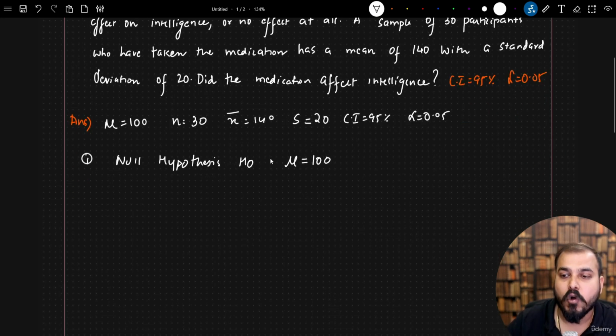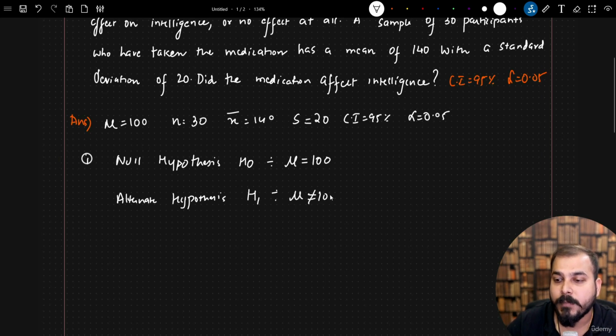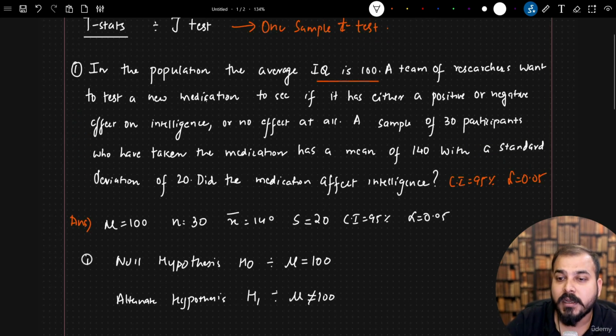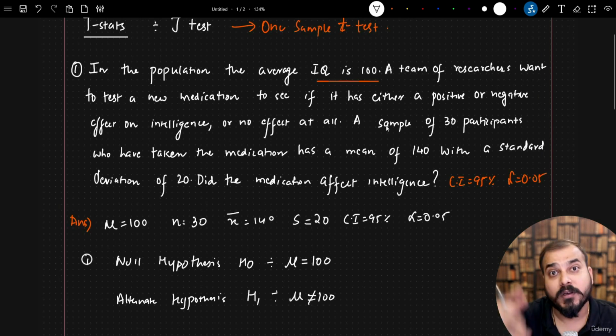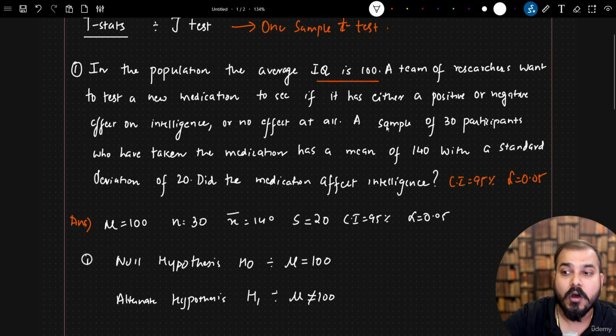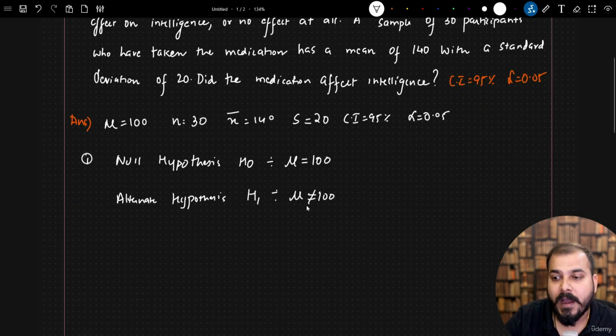Similarly, the alternate hypothesis is H1, and over here my mean will not be equal to 100, because a team of researchers wants to test a medication to see if it has a positive or negative effect on intelligence or no effect at all. From this analysis we may get the average IQ more than 100 or less than 100. So this becomes a two-tailed test.